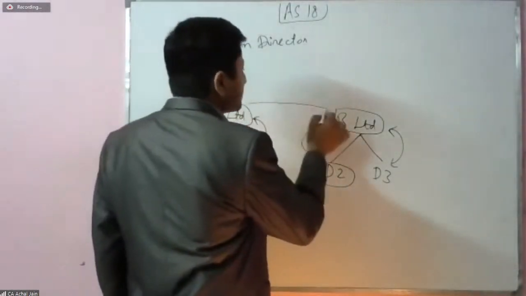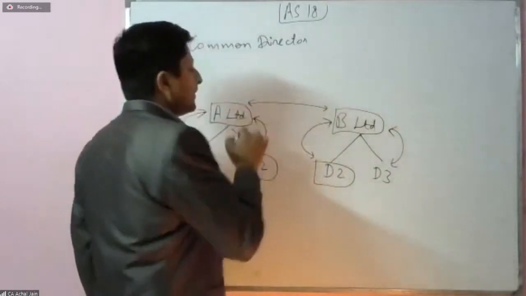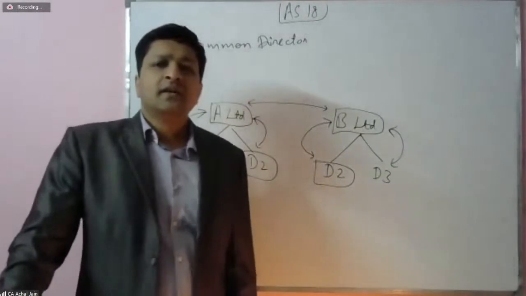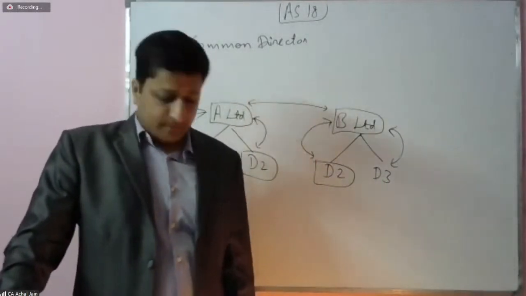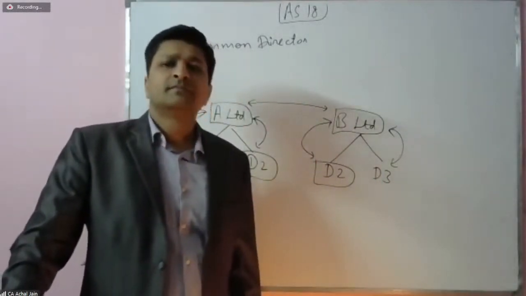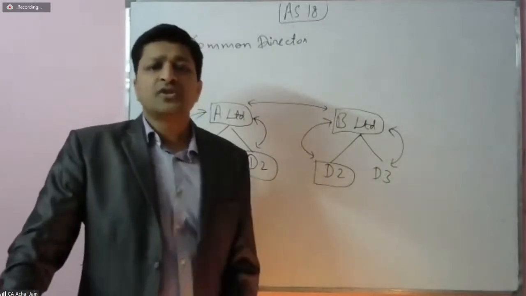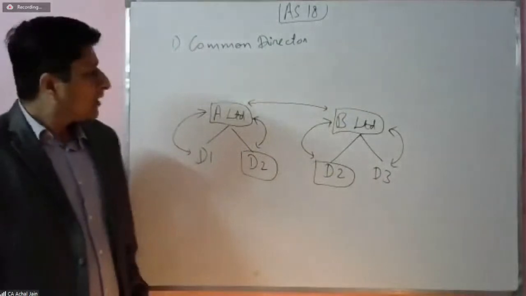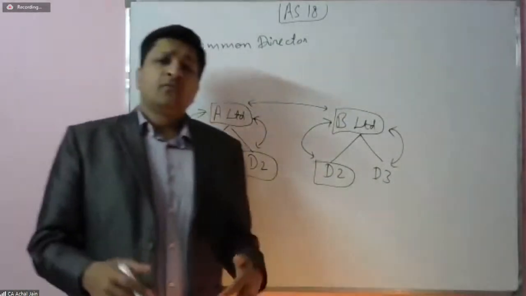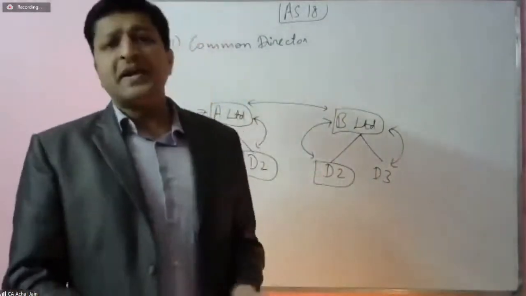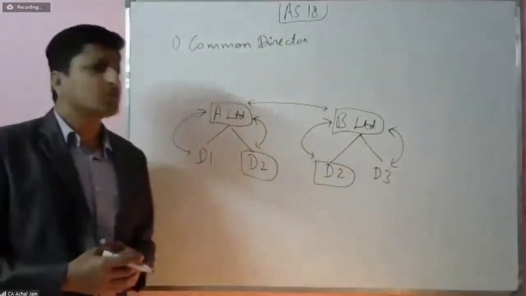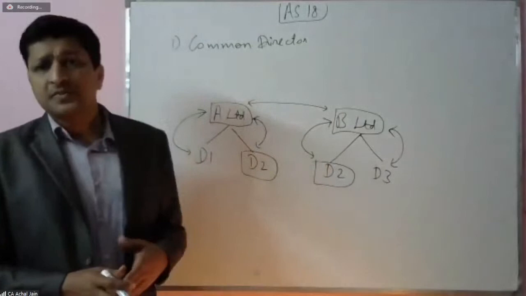Now the situation that we need to consider is about A and B. Whether A and B will be considered as related parties or not. Okay? So this is the situation that we need to understand. Now, there could be various aspects which we need to analyze in case of A and B. What are those? A and B could be fellow subsidiary.